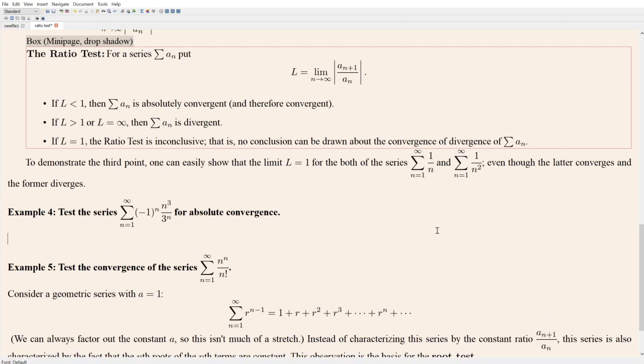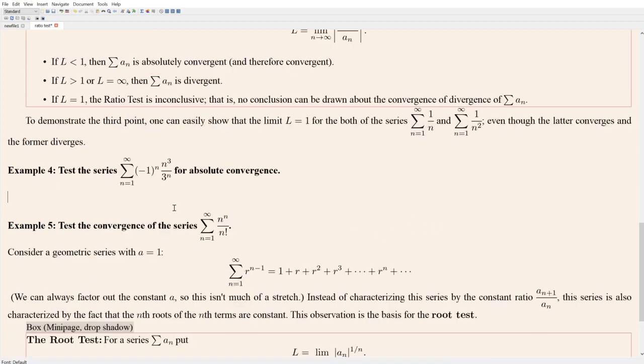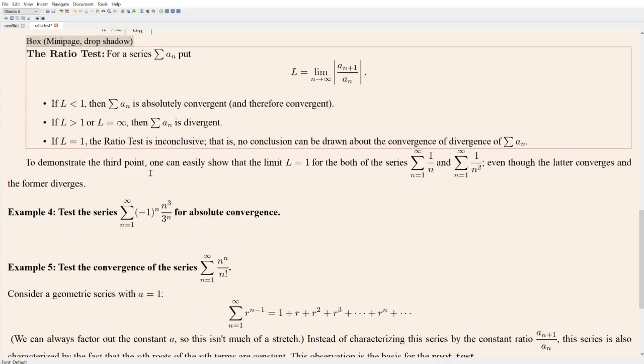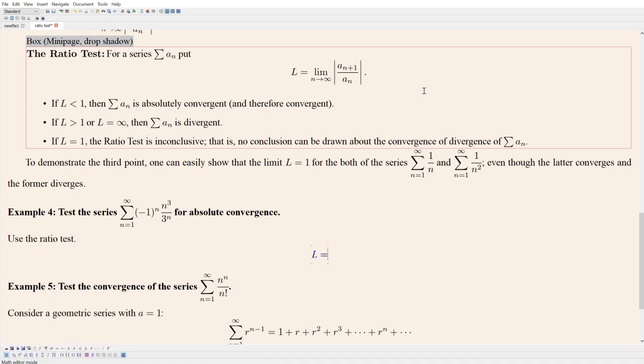Okay. So for an example, here we've got this series. Test this for absolute convergence. So, well, we're going to use the ratio test, because the ratio test is capable of giving us absolute convergence. So, we need to compute this limit.